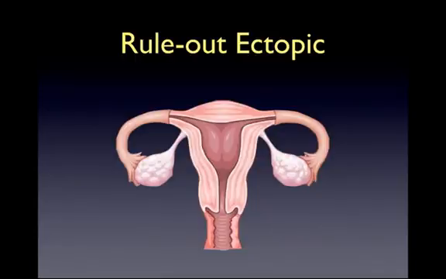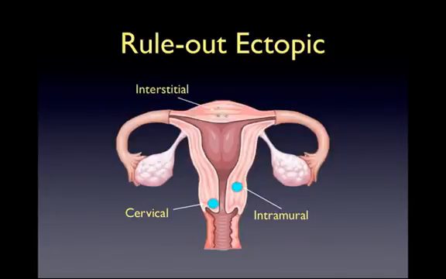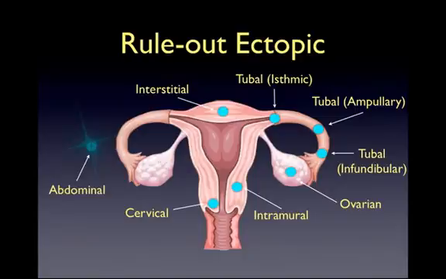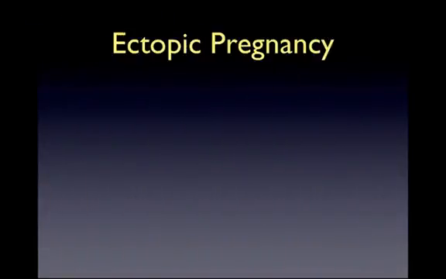When evaluating a pregnant patient who presents with vaginal bleeding or pain, it's important to interrogate the whole pelvis, as ectopic pregnancies can be found in various places throughout the female pelvis, such as the cervix, intramurally, interstitially, or anywhere along the tube, the adnexa, or intra-abdominally. However, the vast majority of ectopics occur in the ampulla.